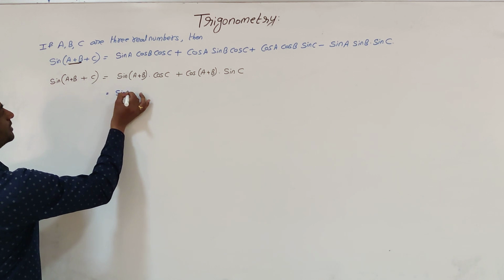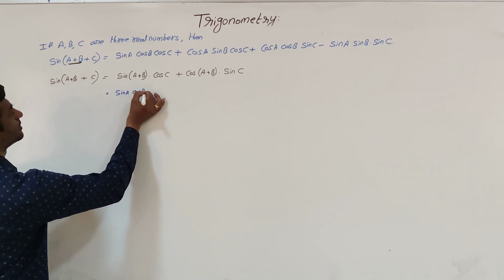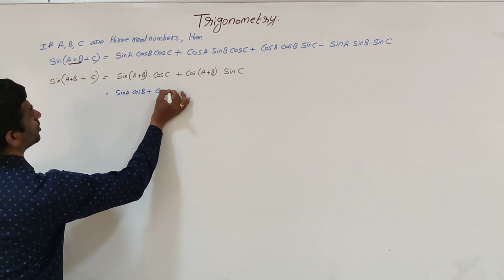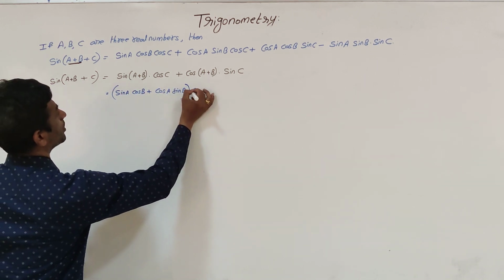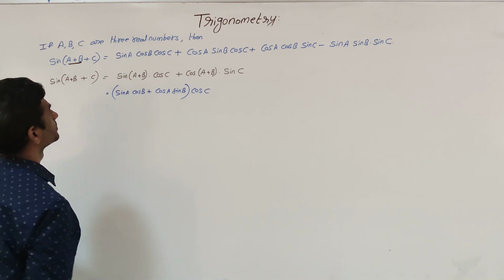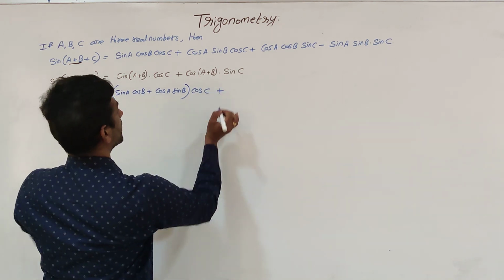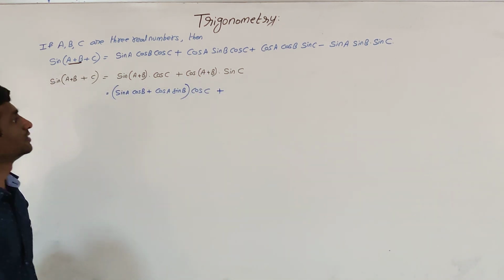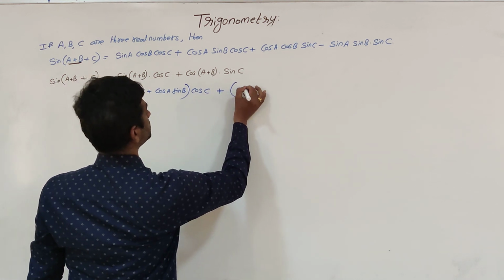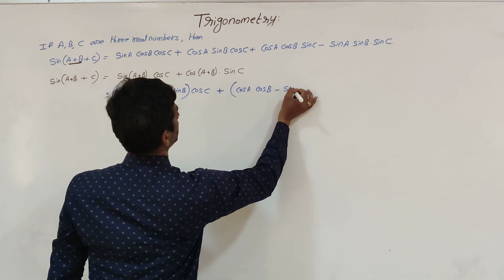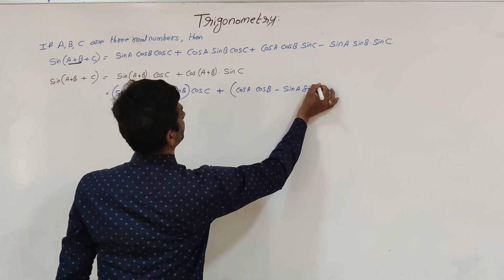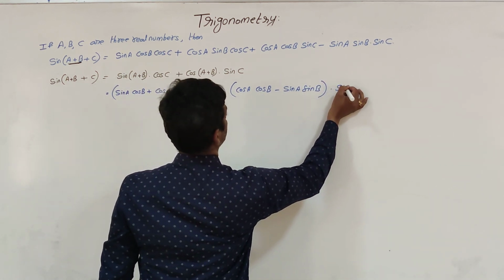Now again it is in the form of sin of A plus B, and we know the expansion: sin A cos B plus cos A sin B times cos C, plus, and what is cos of A plus B? It is cos A cos B minus sin A sin B into sin C, as it is.